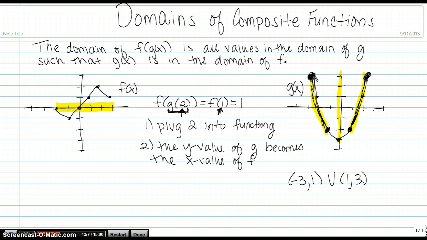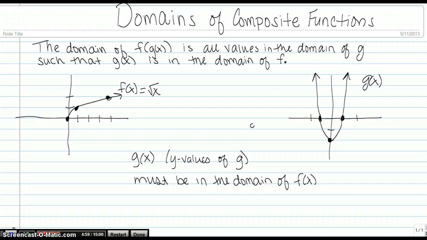We'll do another example. All right, so here's another example. We have here f of x, which is going to be equal to the square root of x, and we've also got g of x here as well. And I didn't give you an equation for g of x because we are focusing just right now on graphically how do you find the domain of a composite.